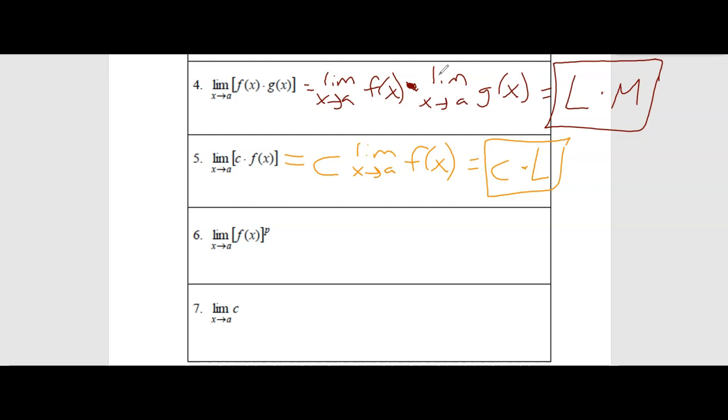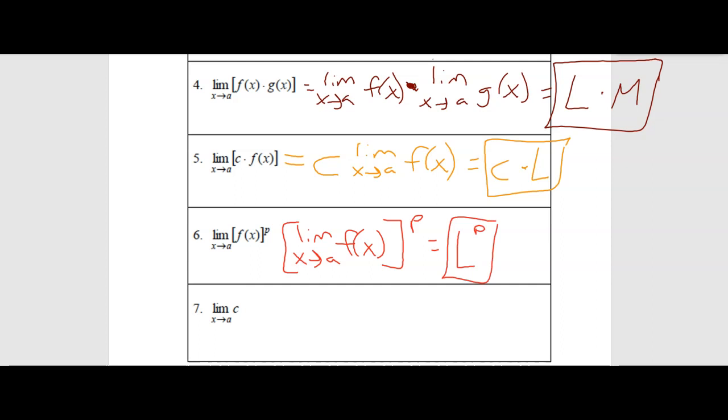Number 6 is where we have a function raised to a power. So instead of raising the function to a power first, I can find the limit of the function first and then raise that limit to a certain power. And this is going to give us L to the power of P.